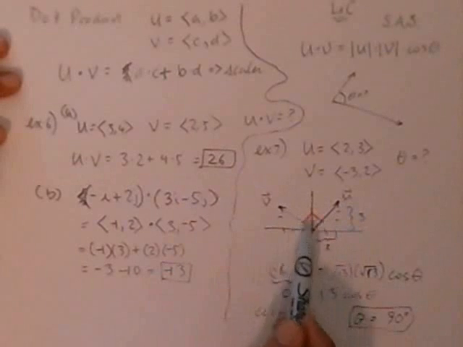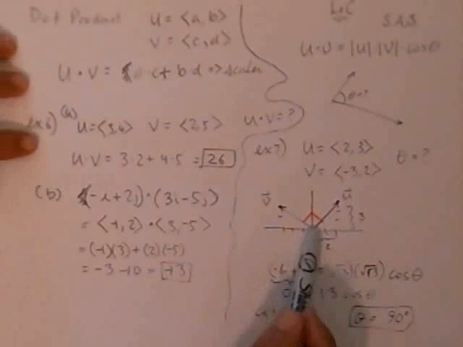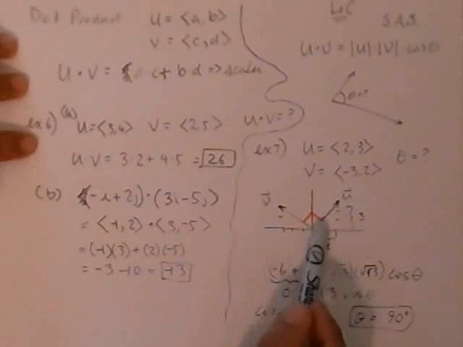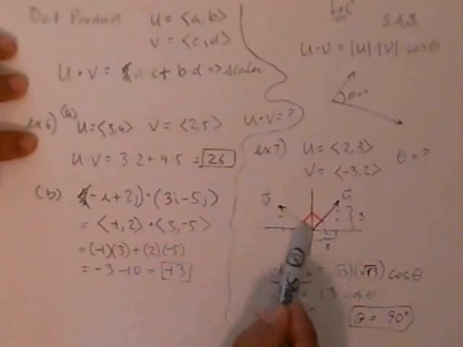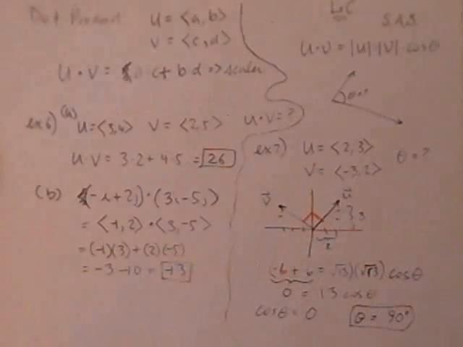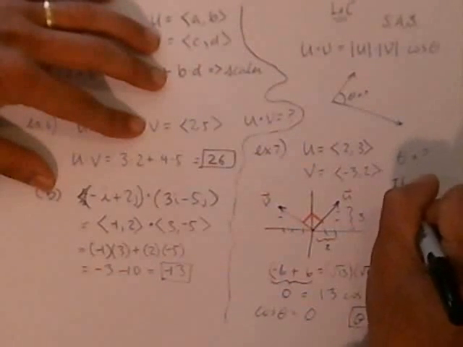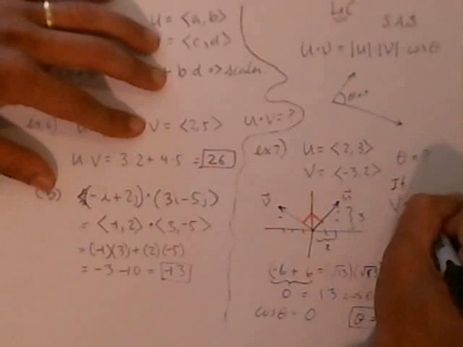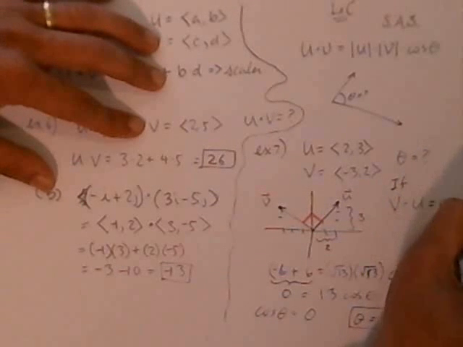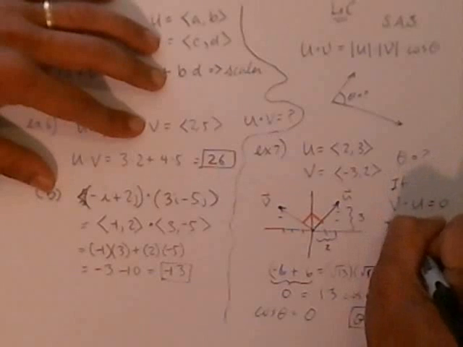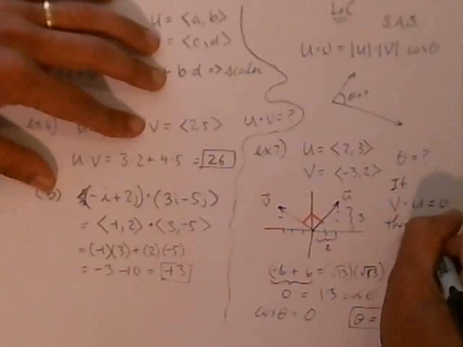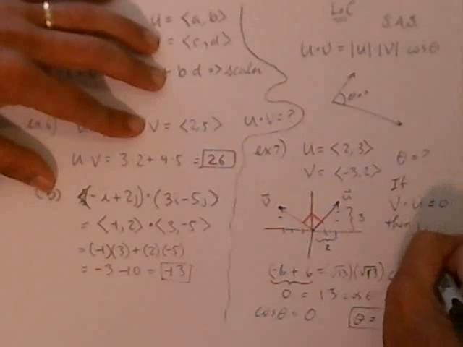It also seems that if you take the slope here, multiply by the slope here, you'll always get -1. So theorem 7.2: if v dot u or u dot v is equal to 0, then u and v are perpendicular. And there it is.